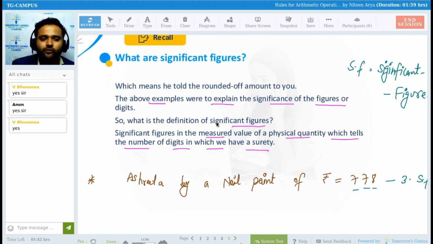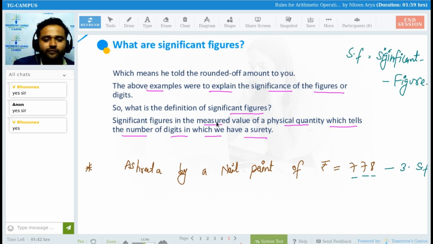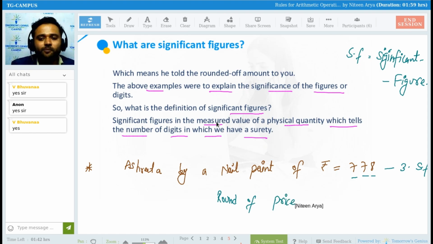Now whenever you are going to tell your friend or your parents, you are going to round off. So the rounded price of the nail paint.